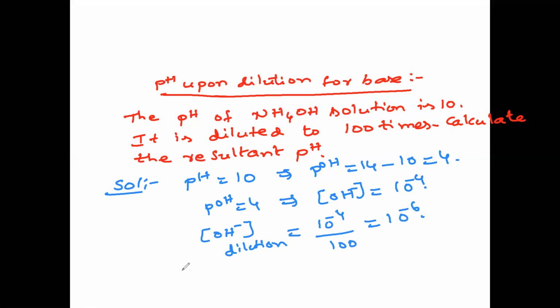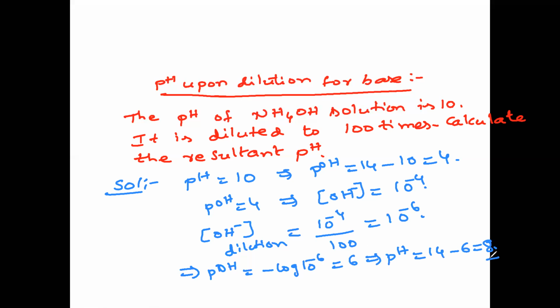So pOH is equal to the negative logarithm of 10 to the power of minus 6, which is equal to 6. This implies pH is equal to 14 minus 6, which is equal to 8.